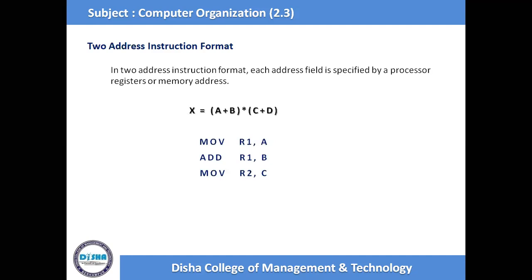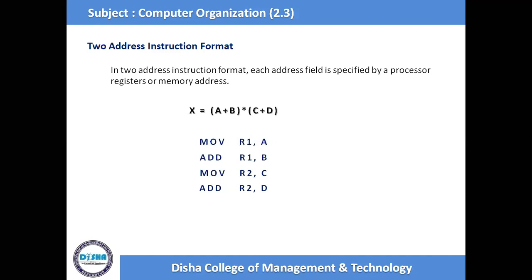After that we have to do the operation C plus D. For that we need the instruction MOV R2, C, where R2 is a processor register and C is an operand address. That means the content of C will move to the register R2. Then the instruction ADD R2, D means the content of both R2 and D will be added together and the result will move to R2.